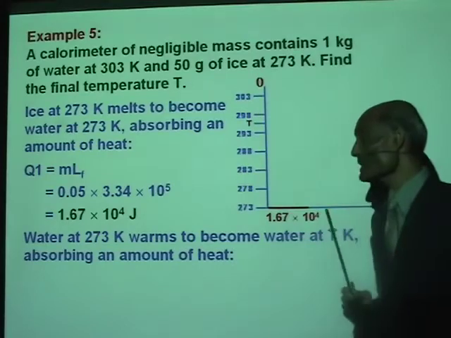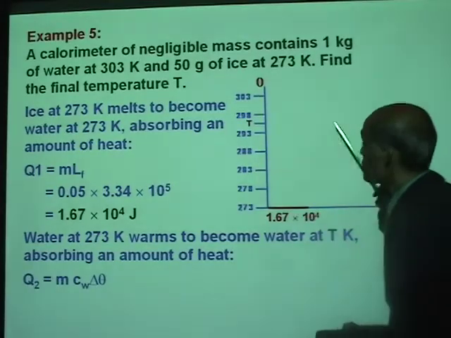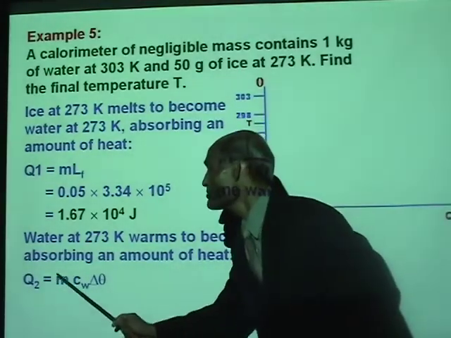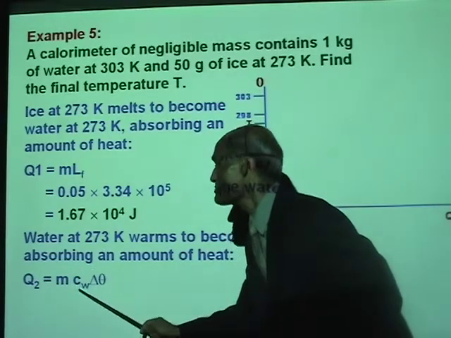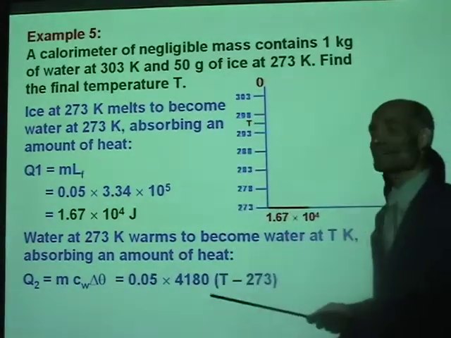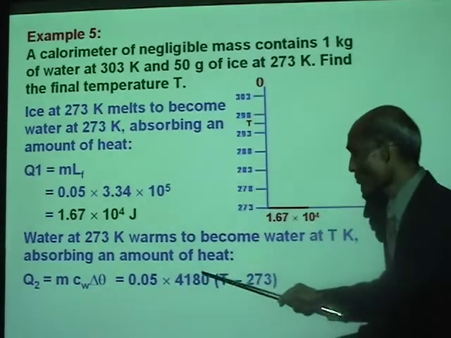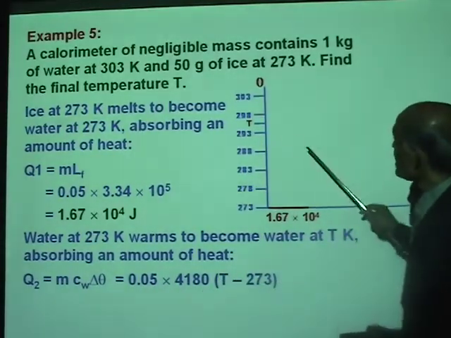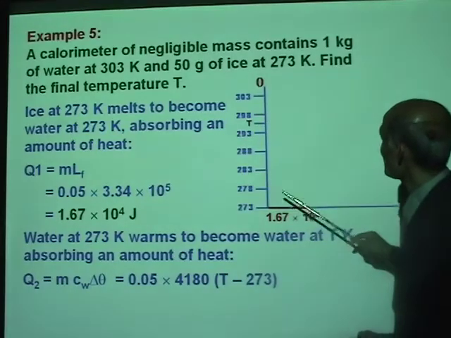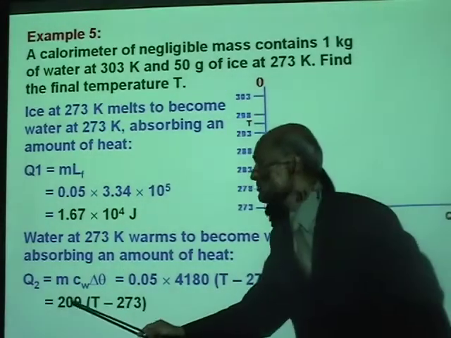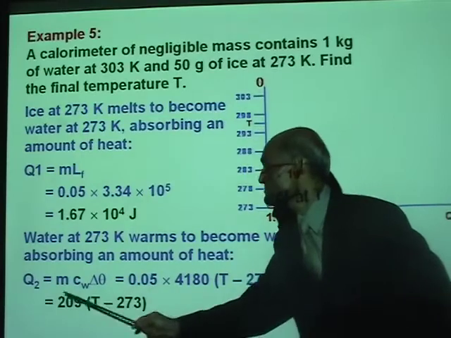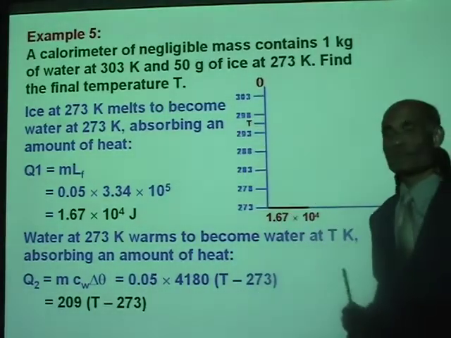What is the amount of heat absorbed? There's a change in temperature, so Q2 is mass times specific heat times change in temperature. That will be mass, specific heat of water, and the change in temperature is T minus 273, and that will be 209 times T minus 273.